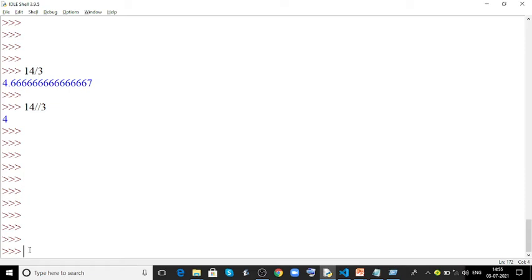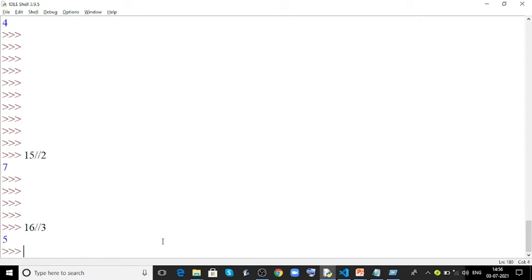I take one more example. Suppose 15 floor division 2. What is the answer? Can you guess? The answer will be 7. So this is the floor division operator used in Python. 18 floor division 3. Can you guess? The answer will be 6.